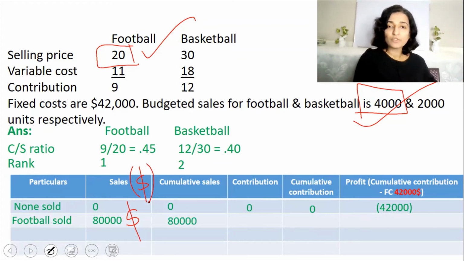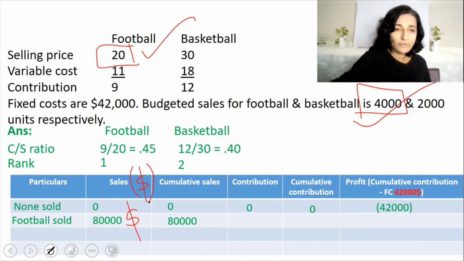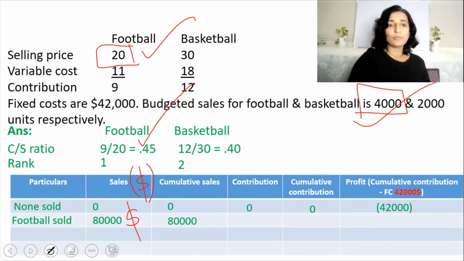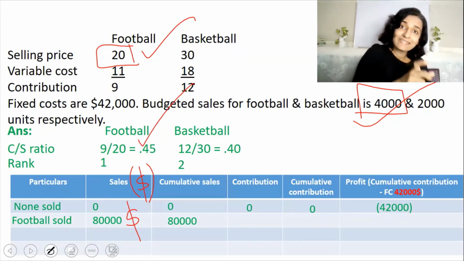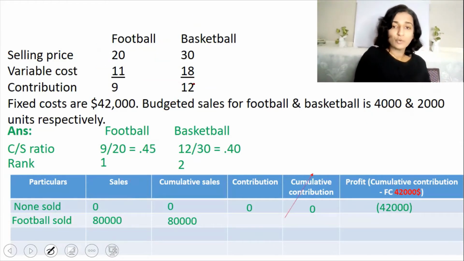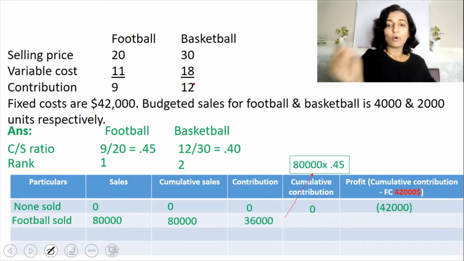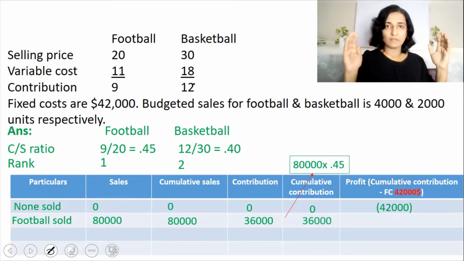And what is the contribution? Contribution of football is, if you see here, the C/S ratio of football is 0.45. So what is the contribution? It is 80,000 into 0.45 or $36,000 for football. Now, what is the cumulative contribution? Cumulative contribution is also 36,000. Cumulative contribution is nothing but the total contribution.